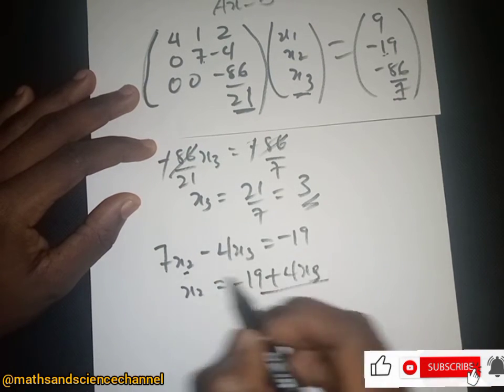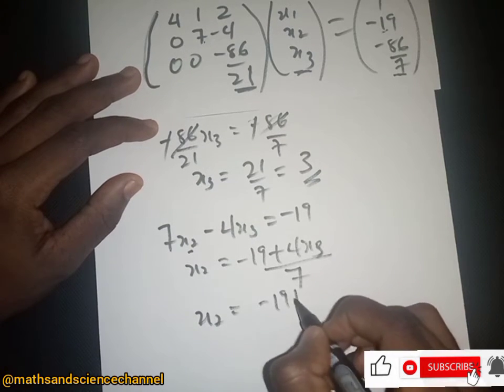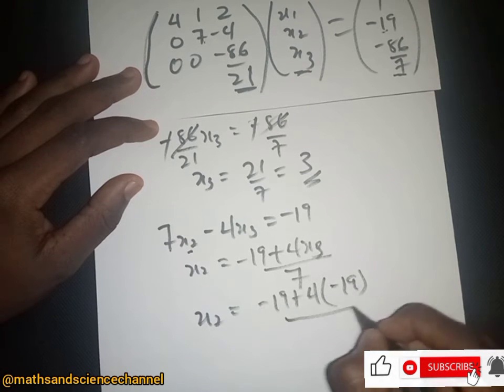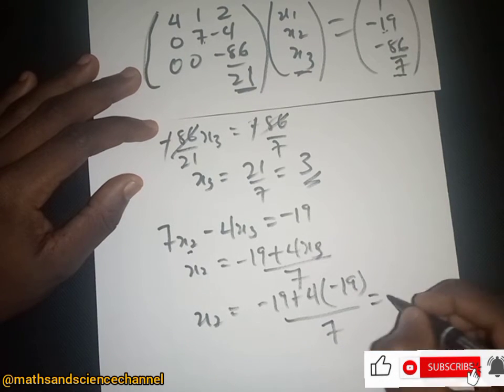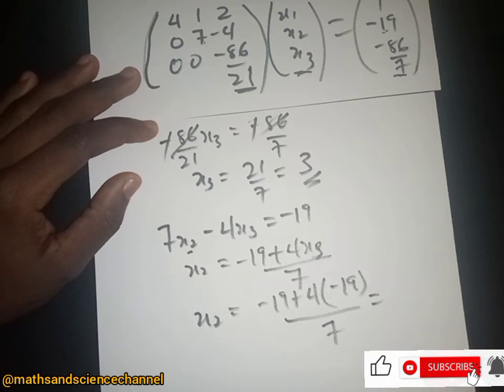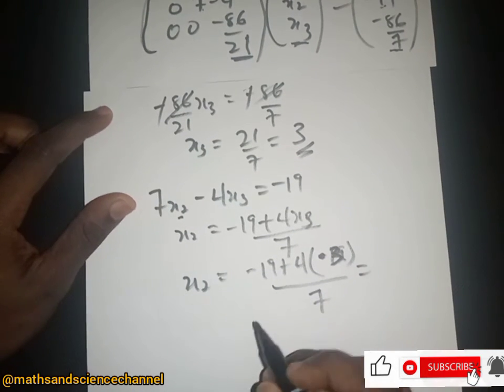When we divide by 7, so x2 here is basically -19 plus 4 times x3 divided by 7. Sorry, x3 is 3, sorry.